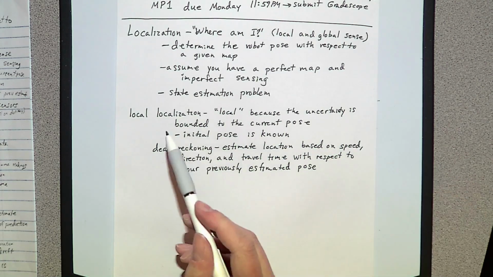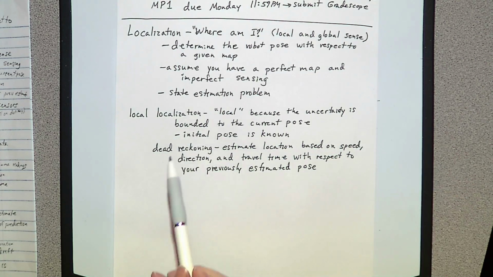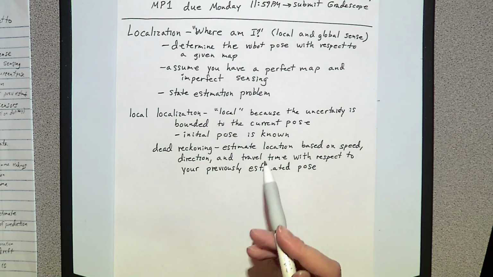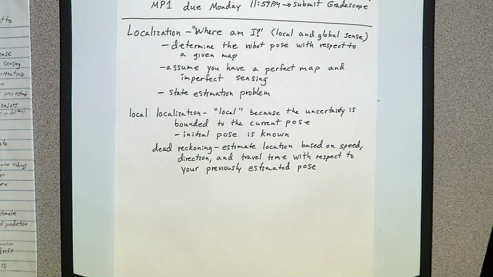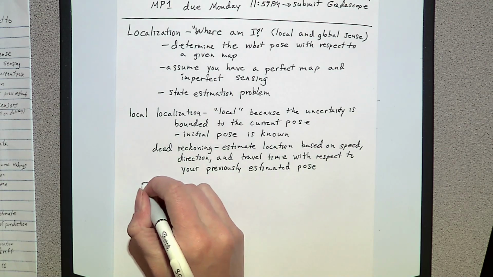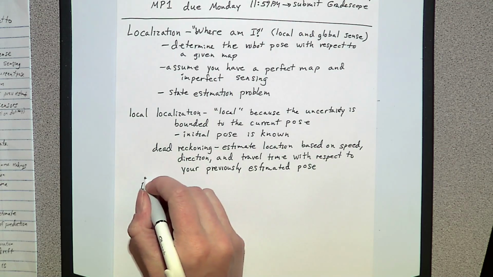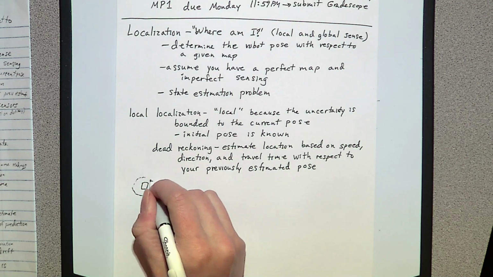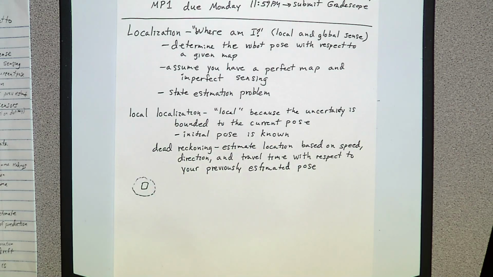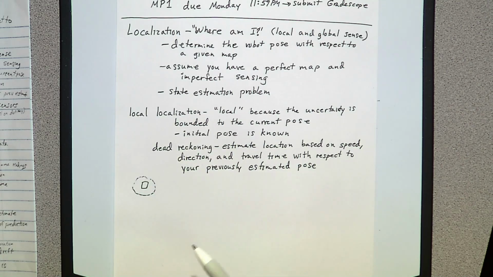And so it's local localization because with dead reckoning, we're using just the sensors that are proprioceptive, so only measure relative to the robot itself. And so our uncertainty in where we are is relative to our actual pose, right? So if our robot is, say, in this position, well, we might actually be somewhere here, right? So it's relative to that based on the errors that we have from our sensors.